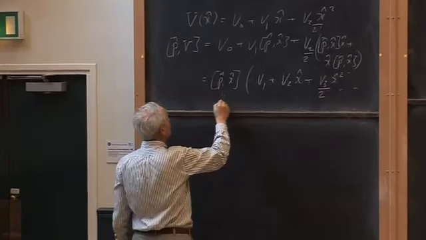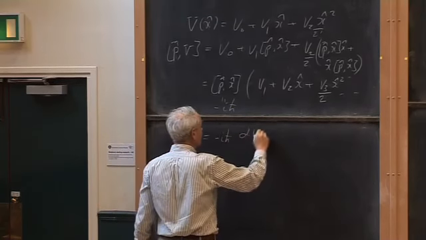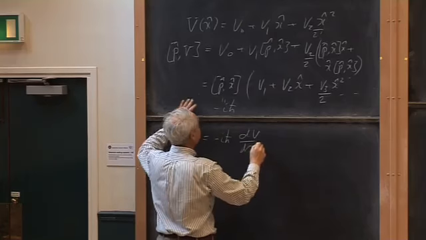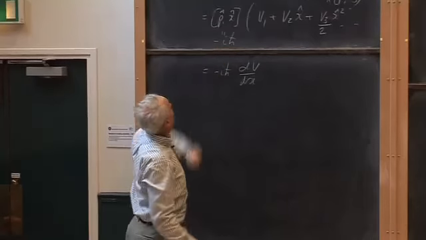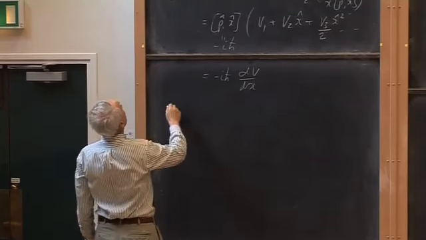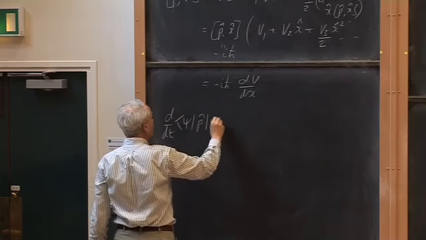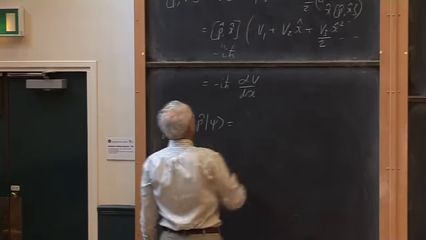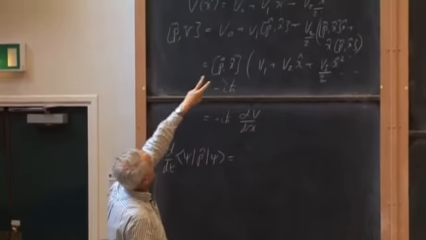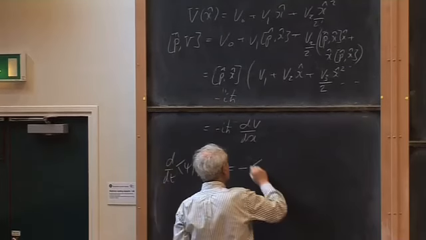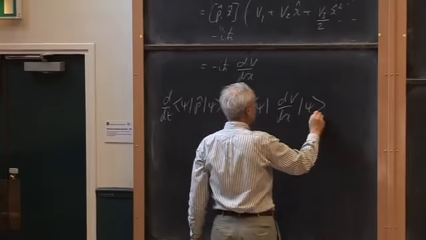And this one here is minus i h bar, so we have minus i h bar dV by dx. So our equation of motion, putting this commutator back in up there, we discover that d by dt of the expectation value of the momentum is, we pick up a minus sign because we have a minus i h bar here, and we want the commutator over i h bar, so we get minus the expectation value of dV by dx.